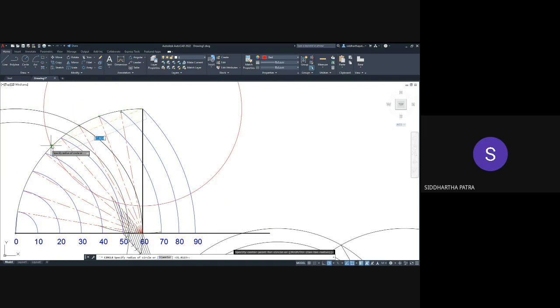So the arc needs to be divided into 9 equal parts. Now arc has been divided into 9 equal parts, but from this point which is marked with 0, putting the center of your compass right here, pin of your compass right here, take the radius corresponding to the chord length. So I'm talking about chord length.